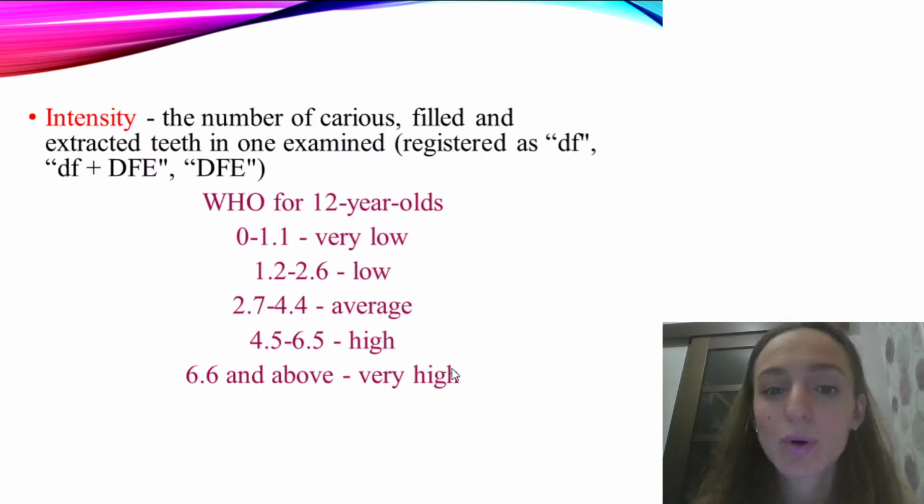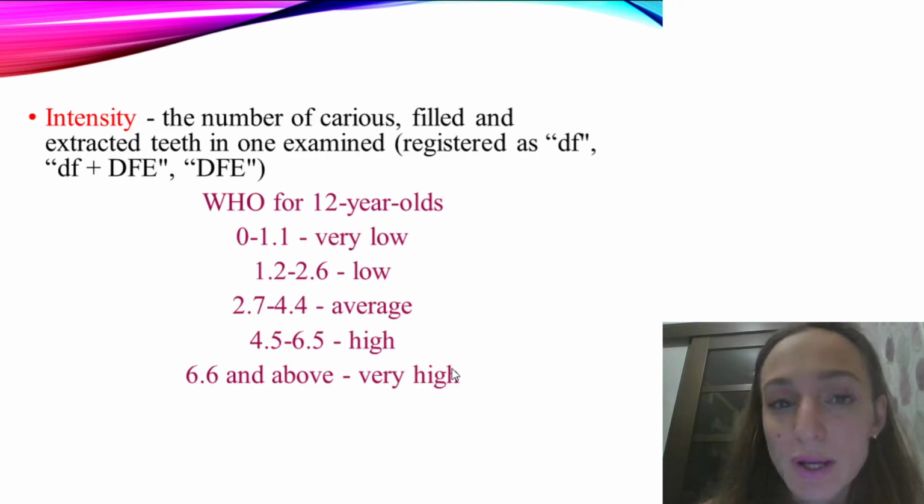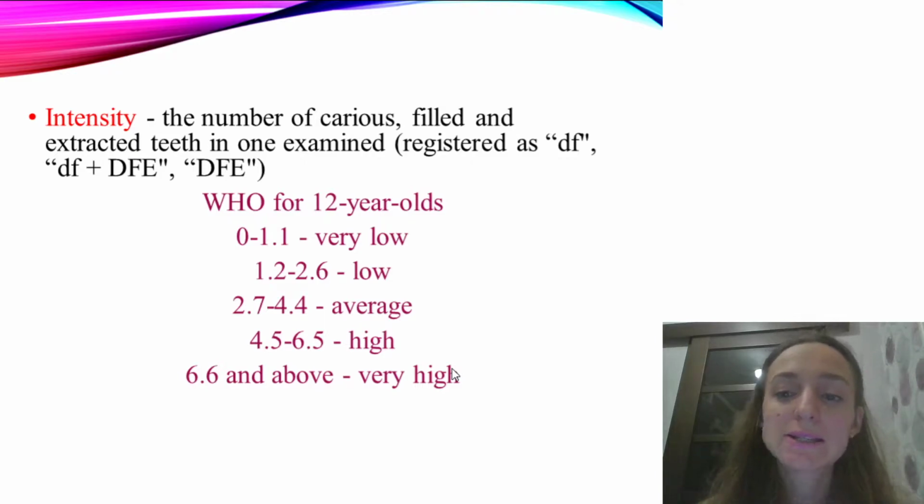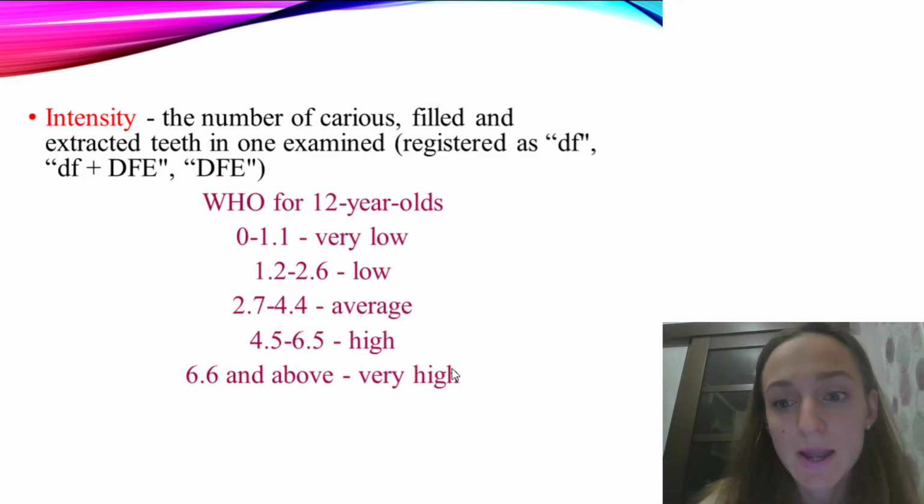Intensity is the number of carious, filled and extracted teeth in one examined person. If you see in your tasks df or df plus dfe, it means that you should add up, for deciduous teeth, the decays and fillings that the patient has.